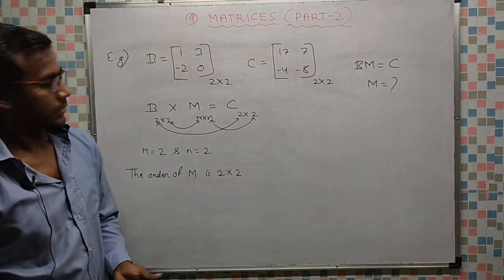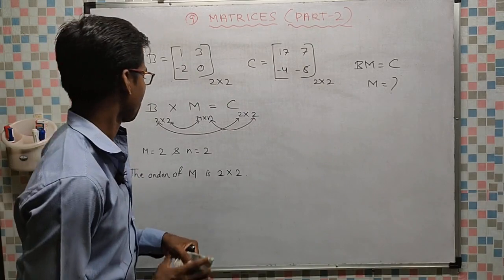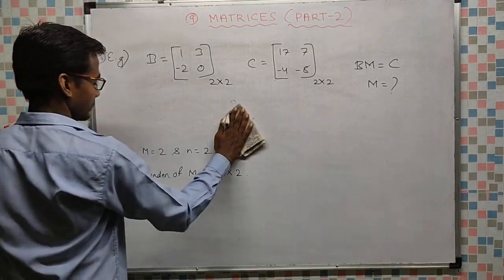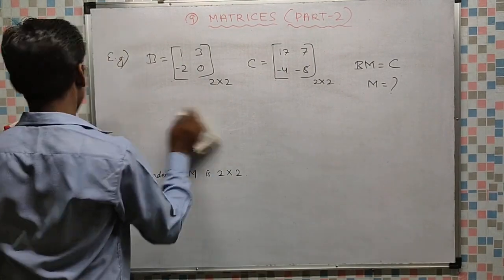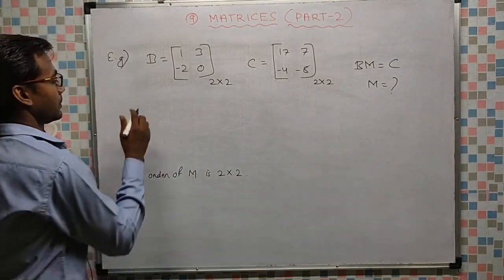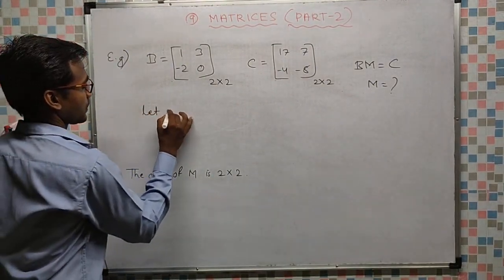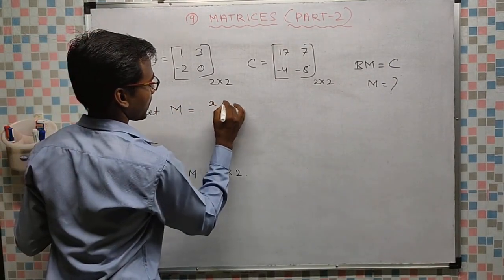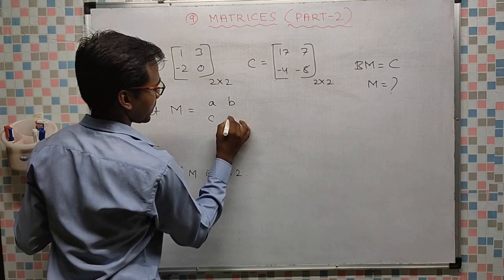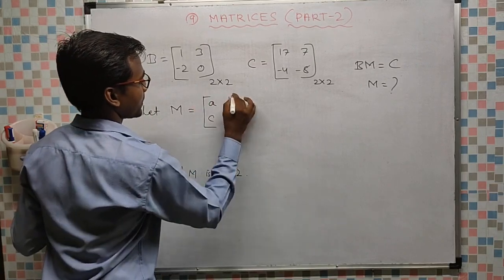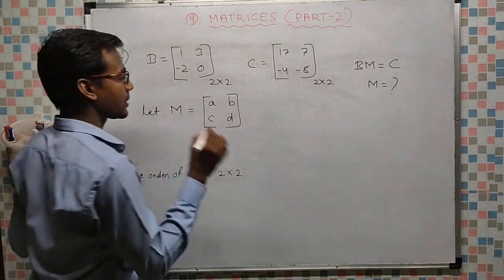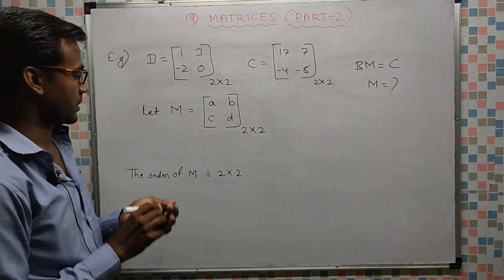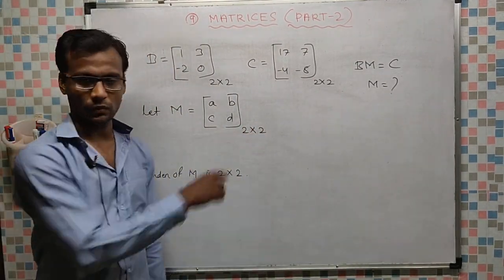So let us take M randomly. Let M be equal to a, b, c, d. Since it has 4 elements in the order 2 by 2, do not change the order. You have to maintain the order 2 by 2.